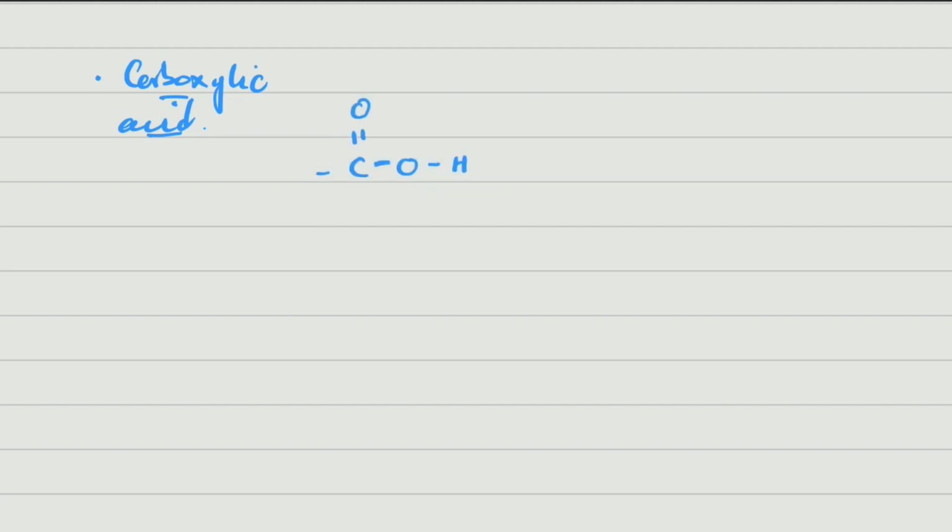Let's quickly change the color for the highlighting here. So it could be really confusing. What is the general formula for the carboxylic acid? It will be CnH2nO2. You can see you have 2 hydrogens, okay?